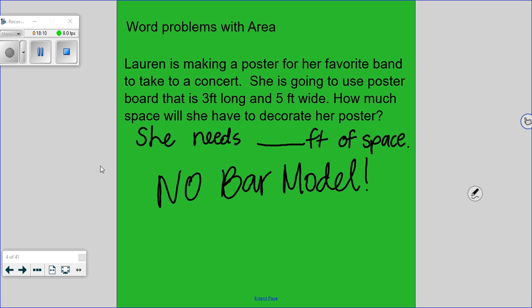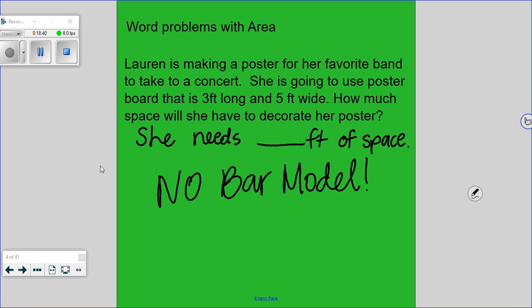Chloe, if I'm writing, you're writing. So now I need to go back and look at my question and figure out what am I going to draw? My question is asking about a poster, so I'm probably going to draw a poster shape.